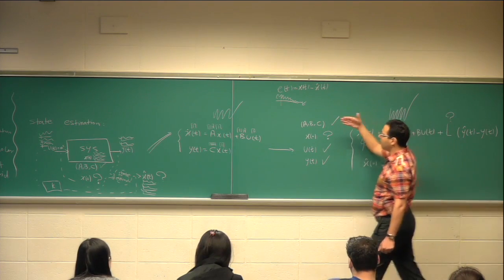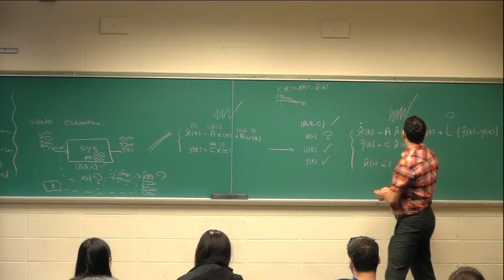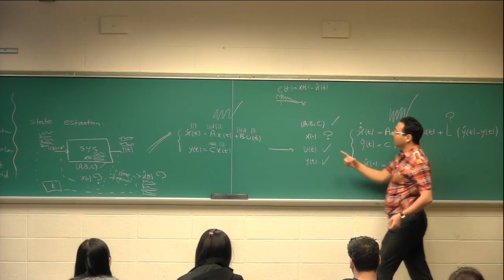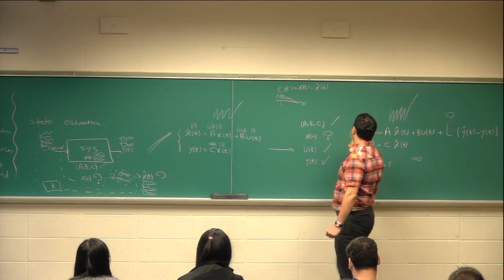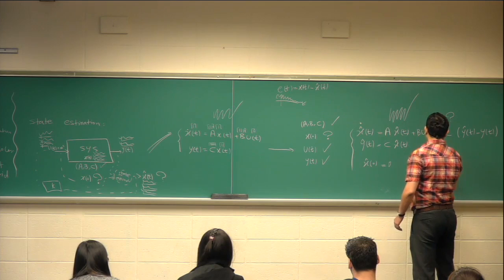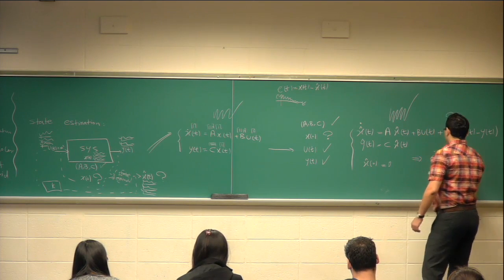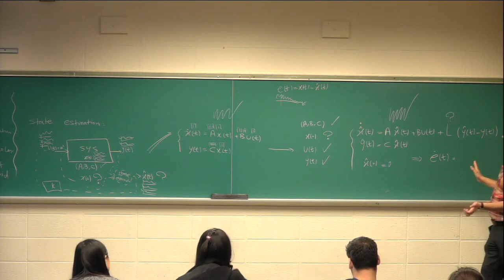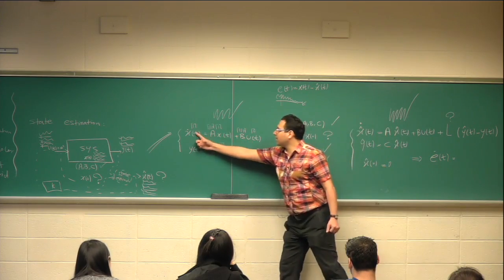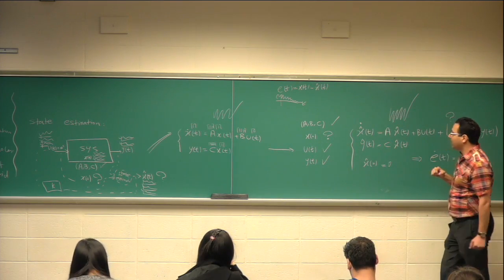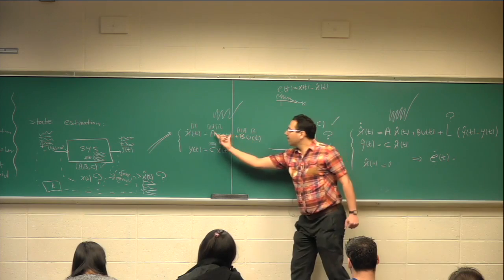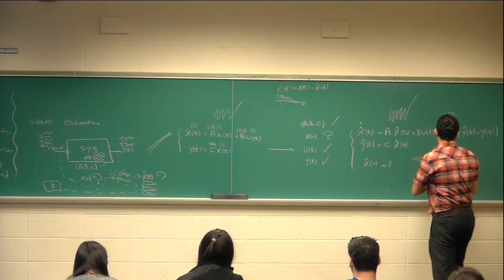This minus that, or the other way around. Let's start with the left side. This minus this is just the error. So the derivative of error, so this is the beautiful part. This is very simple. The derivative, this minus that is the error derivative. This minus that is A times error.